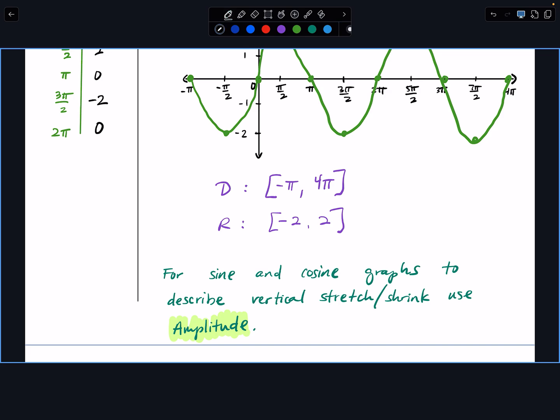So what would be the amplitude in this problem? 2. The amplitude would be 2, so you just write A is equal to 2.